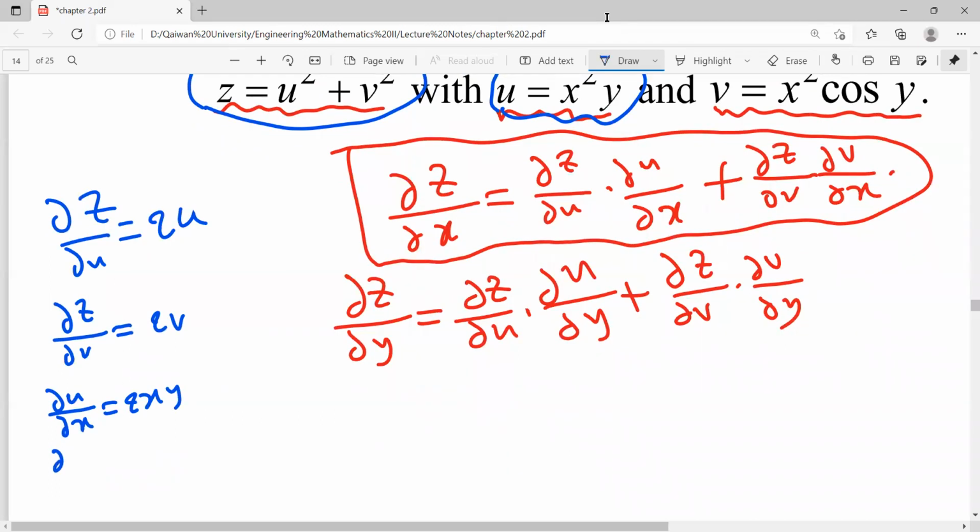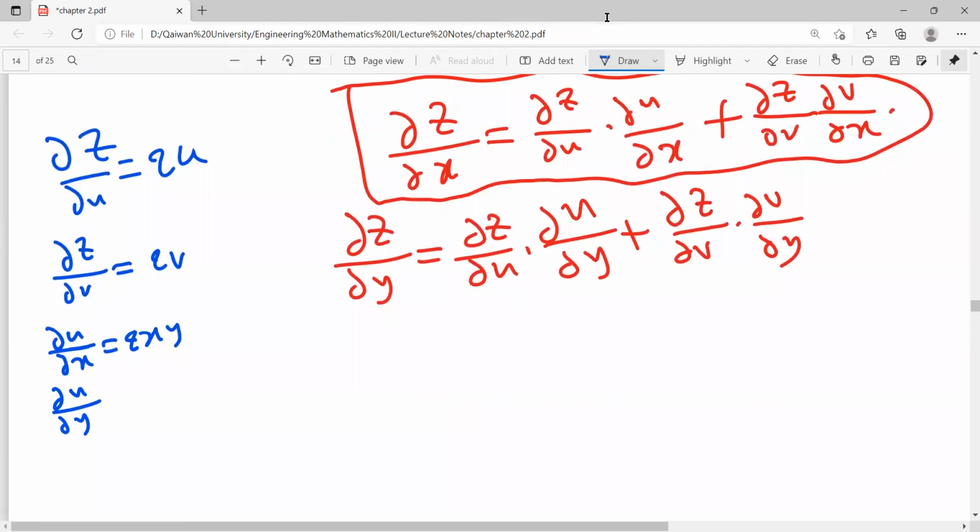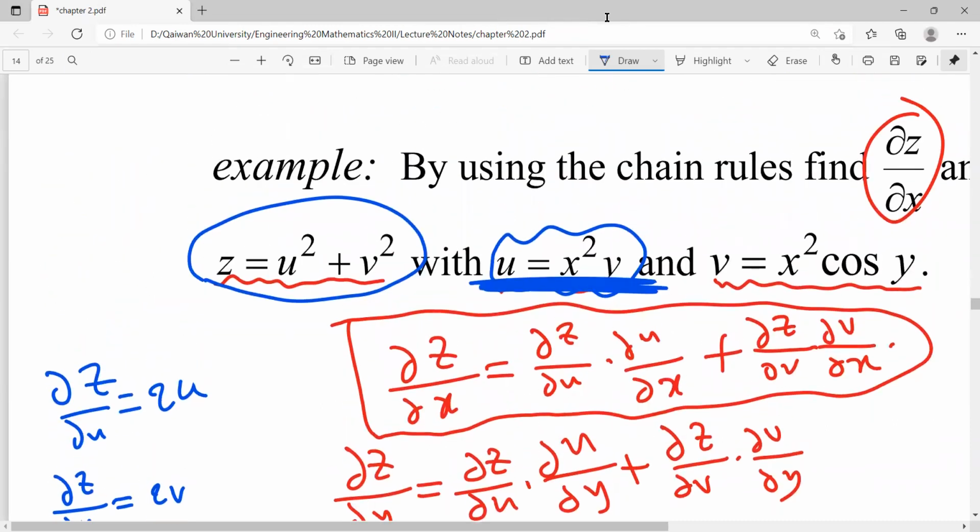How about partial u by partial y? We should find all. It's only x squared. If you find the partial derivative of this function with respect to y, we get only x squared. Because here, x squared is the coefficient of y. But if we have x squared plus y, in this case, we say it's 1.